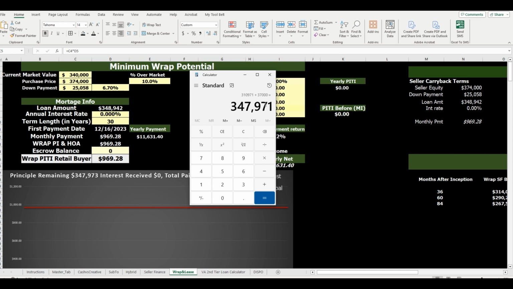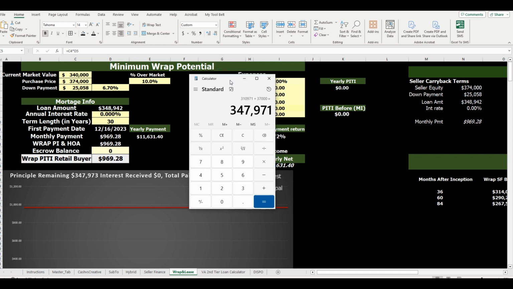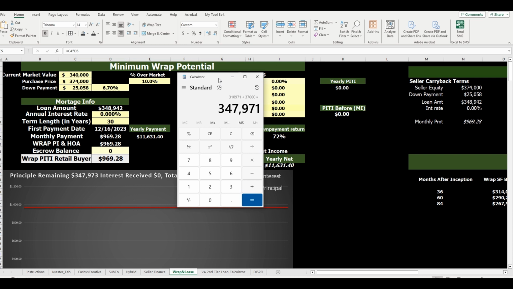We are selling this property on a wrap, and when you sell these properties on a wrap, the owner of the property is the retail buyer, and so they have full authority to sell the property or refinance you out at any point in time.